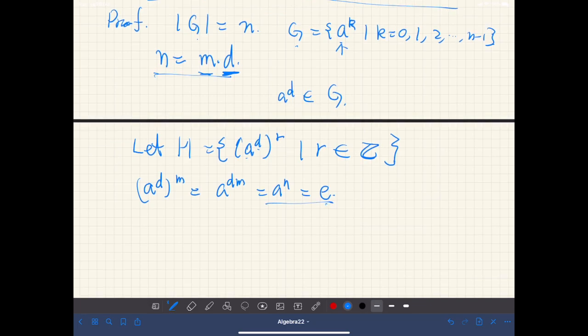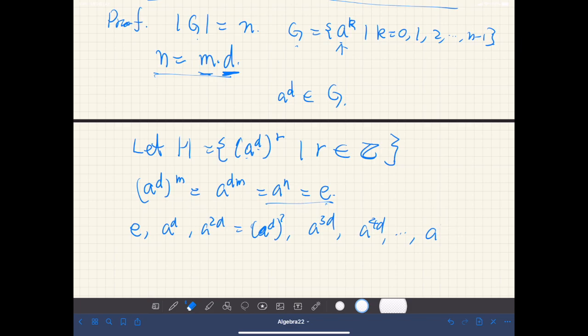And also e, a to the power of d, and a to the power of 2d, so that is of course a to the power of d to the power of 2, and a to the power of 3d and a to the power of 4d and so on, up to a to the power of m minus 1 times d.